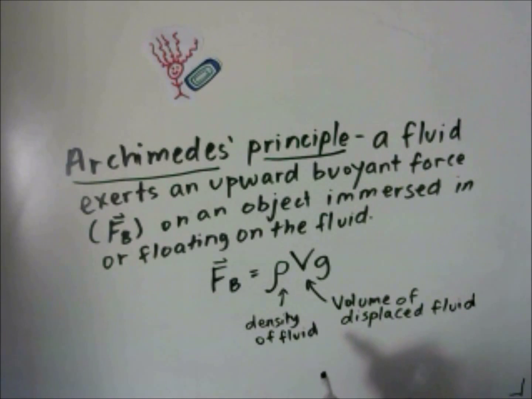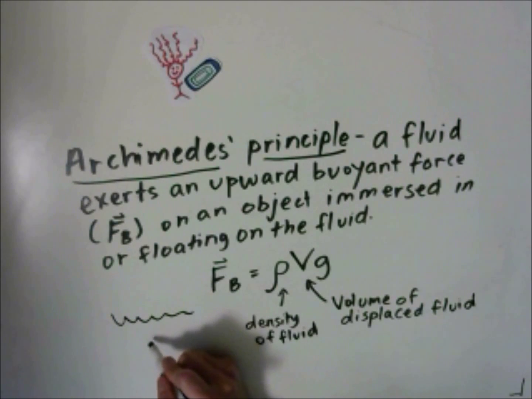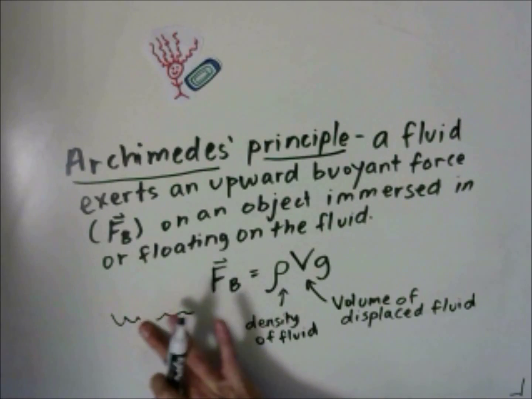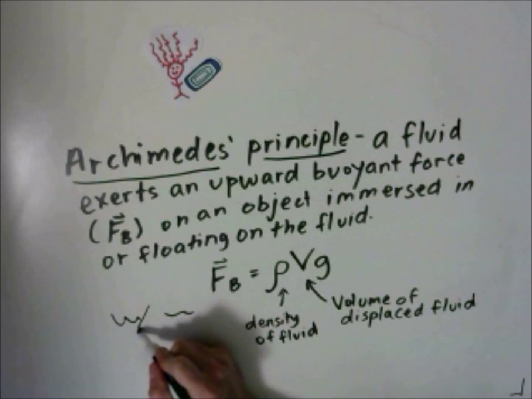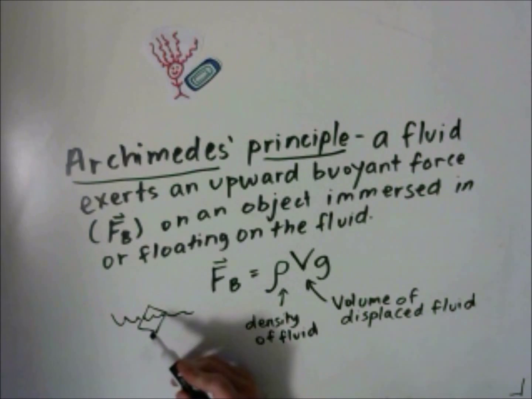There's a reason we say displaced fluid, because sometimes if an object is all the way underwater, it displaces the same volume as that object itself. But if the object is floating partway, like this object, it only displaces part of its volume.